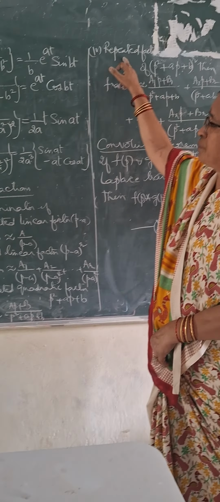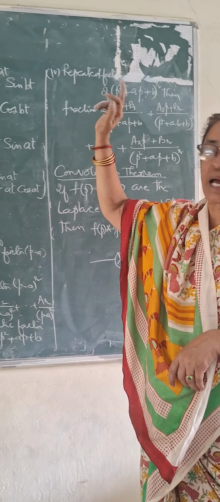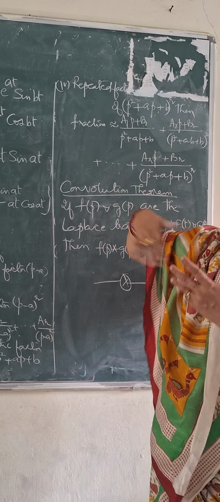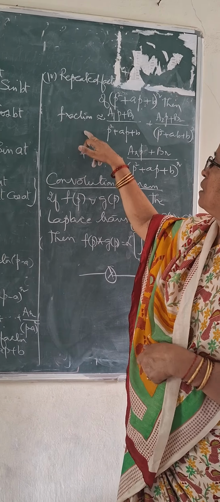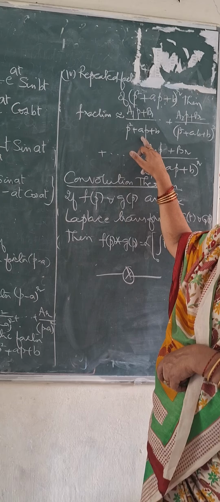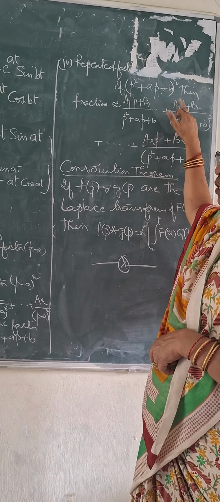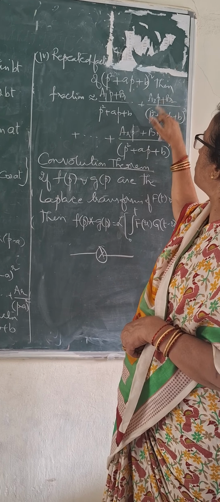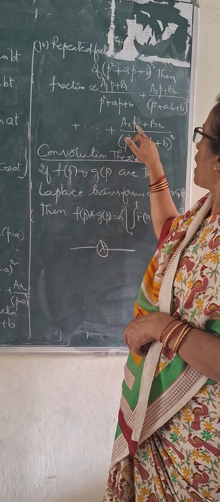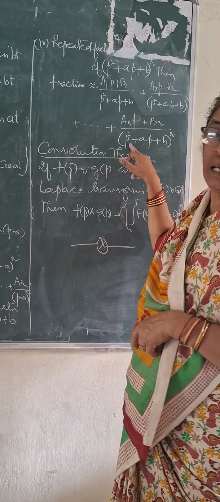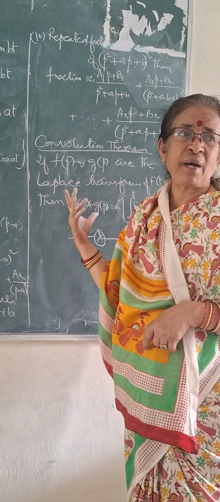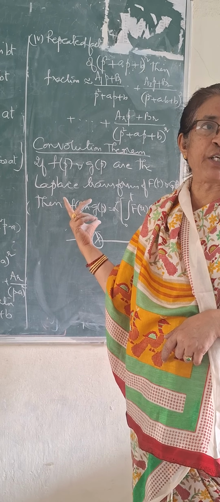And similarly, if the factor p square plus ap plus b is repeated r number of times, then the fraction will be taken as A1p plus B1 divided by p square plus ap plus b, plus A2p plus B2 divided by p square plus ap plus b whole square, plus so on, Arp plus Br divided by p square plus ap plus b whole power r. And the final, the last topic, that is convolution theorem.